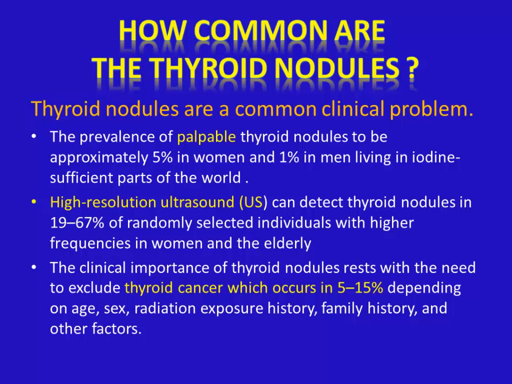By palpation, we will find that about 5% of females and 1% of males will get a thyroid nodule. This is especially in iodine-sufficient parts of the world, while by high-resolution ultrasound, the number will significantly increase to about 19 to 67%. And the clinical importance is that about 5 to 15% of these nodules are malignant.